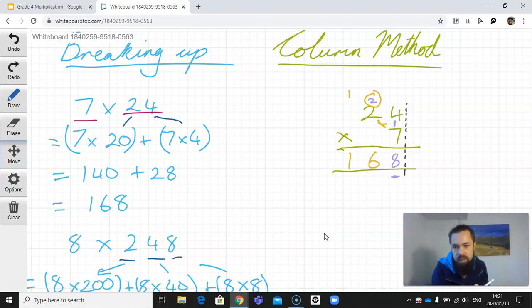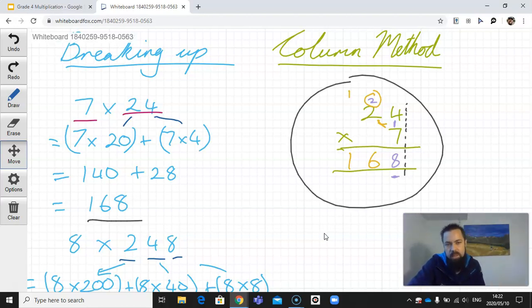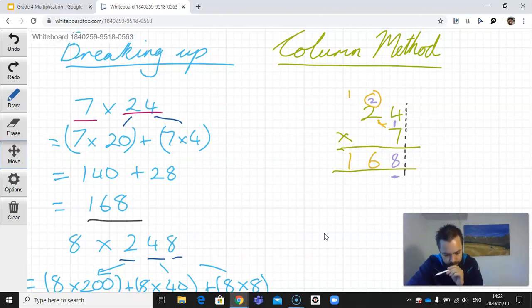And so my answer is 168, which you can see is what I got on the other side in the other method. So I just feel that this takes up a little bit less space than all the writing out we've got over there. But we did it exactly the same way. I'll show you. So when I did 4 times 7, I got 28, which is over there.